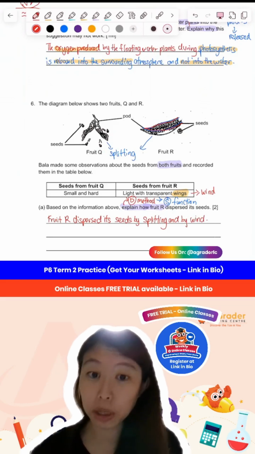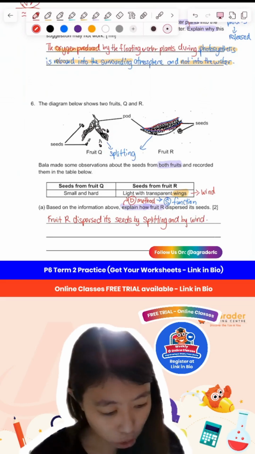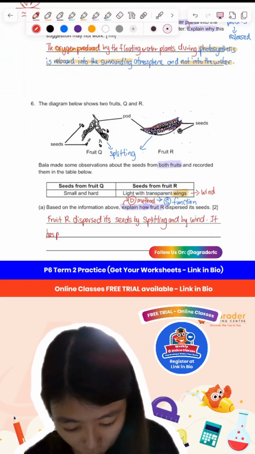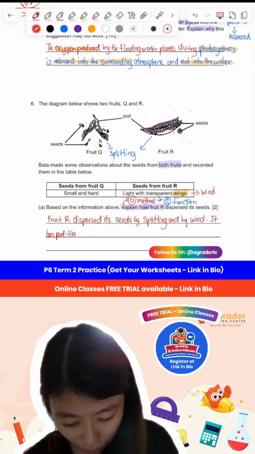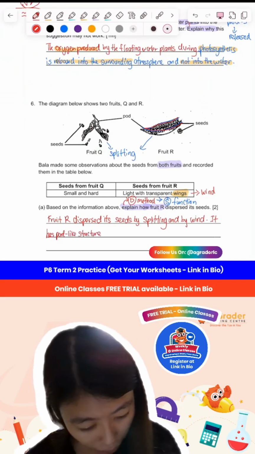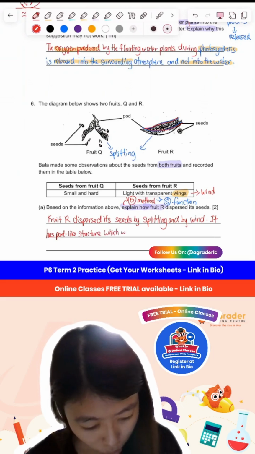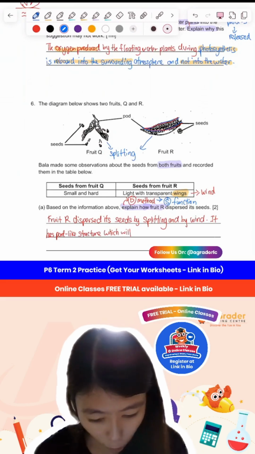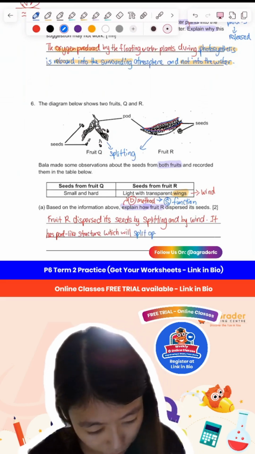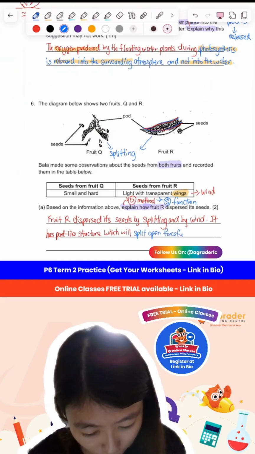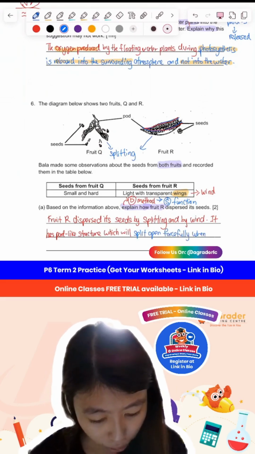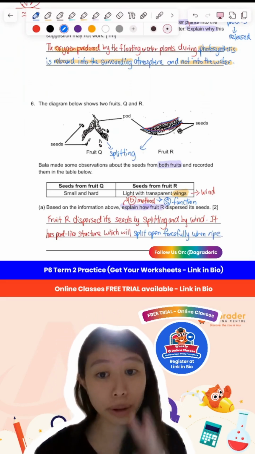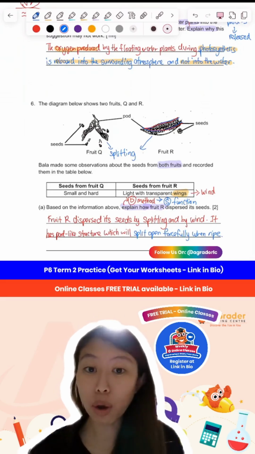How would I know? They said based on the information, so I need to describe the information provided for us. It has a pod-like structure, which will split open forcefully when ripe. So I got my D, I got my S. Then I need to talk about the second one, dispersal by wind.